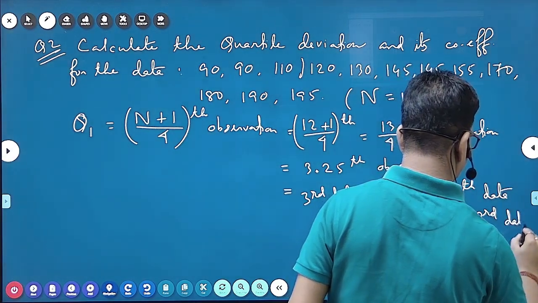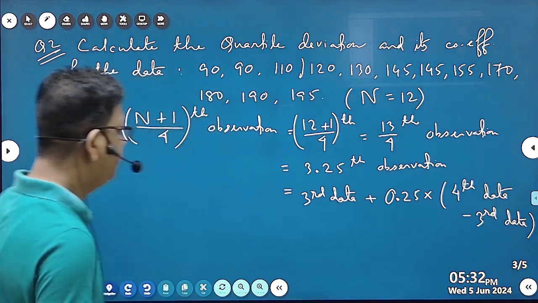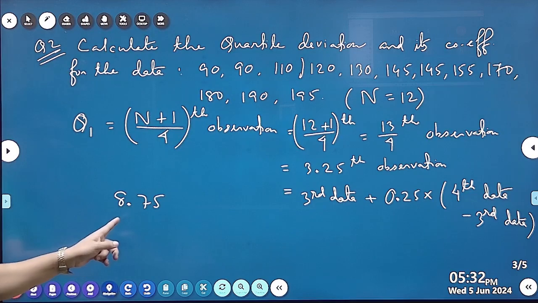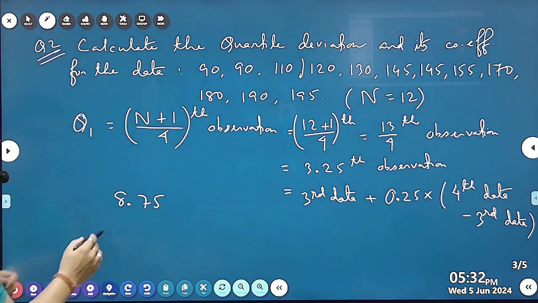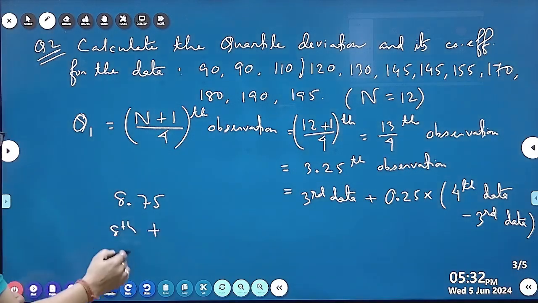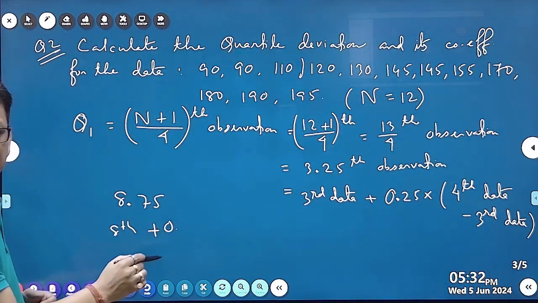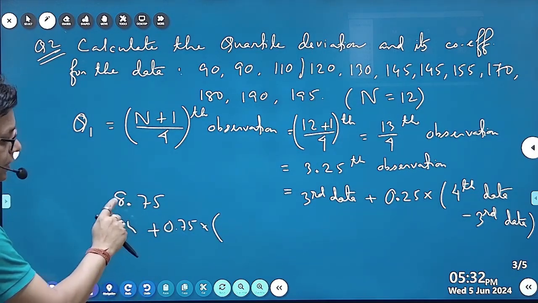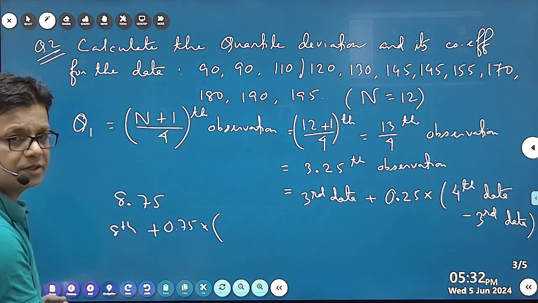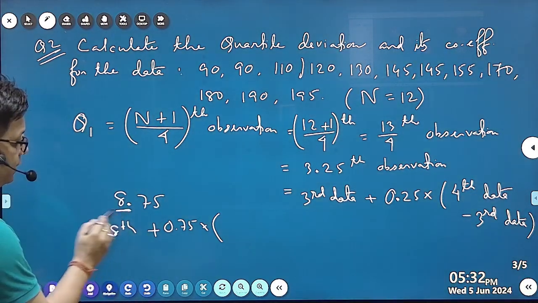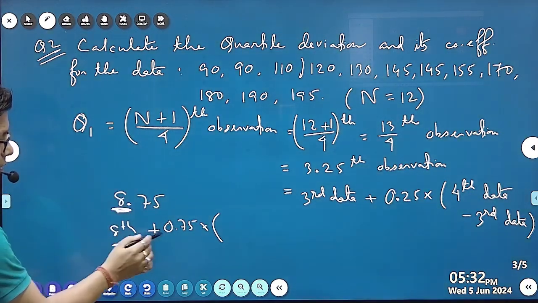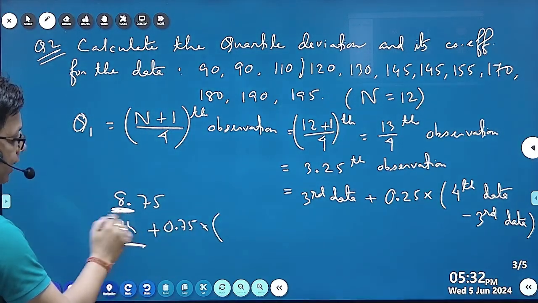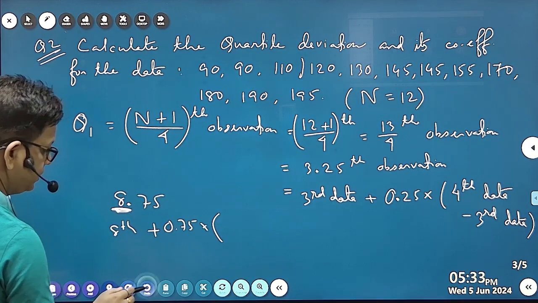If you get 8.75, which data will you take? 8th data plus 0.75 multiplied by the 9th minus 8th data. So if it is 8.75, the 8th data is as it is, then 0.75 is to be multiplied with the next one minus 8th. Okay, this is the way.